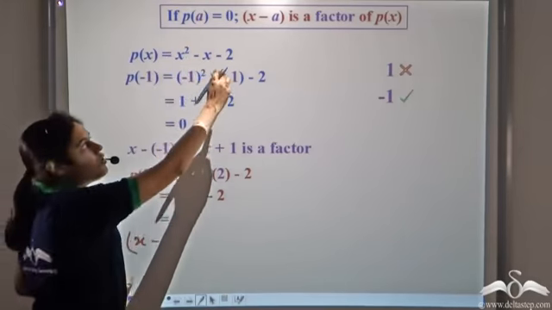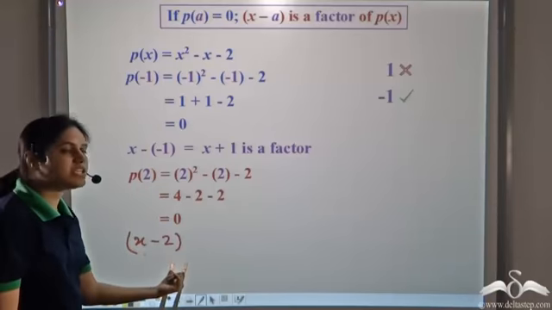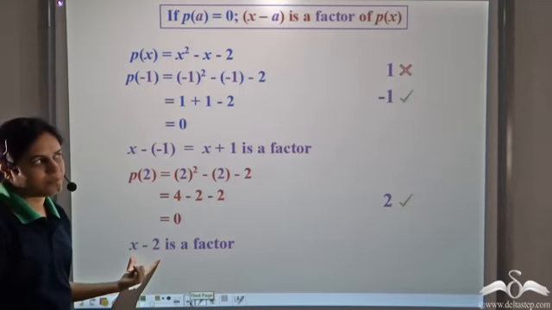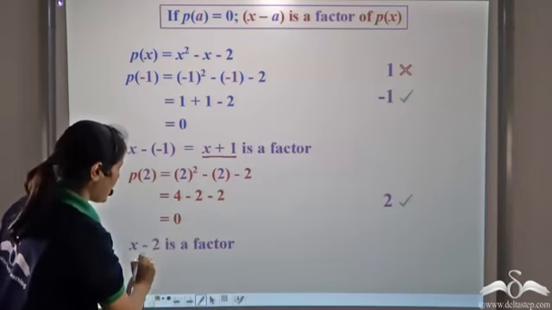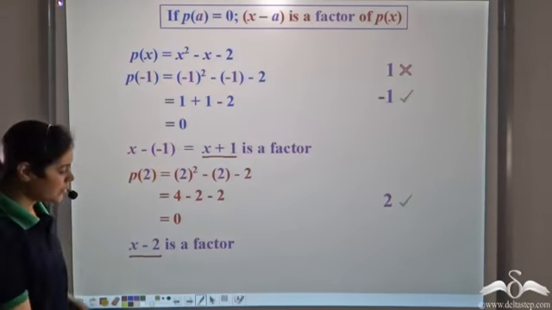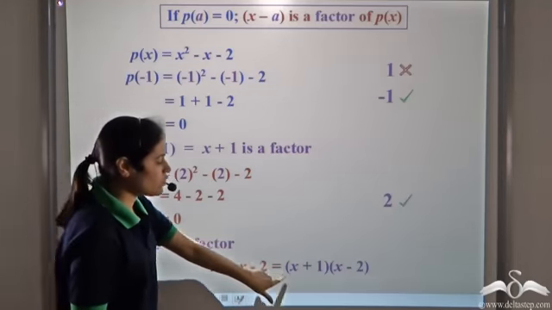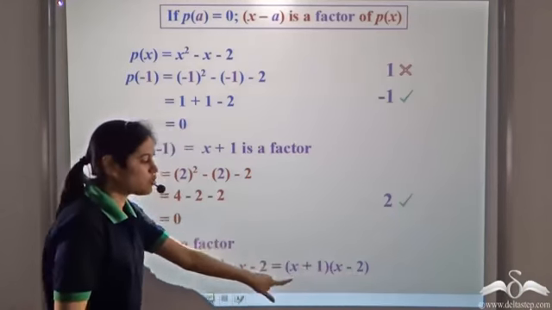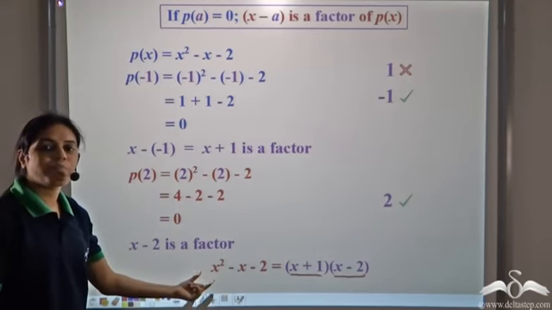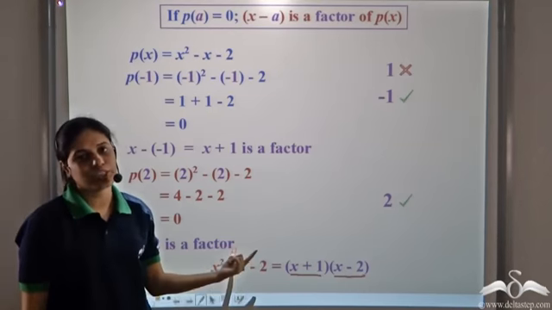If P(a) is 0, x minus a is a factor of P(x). So this and this are the two desired factors of this polynomial. So we can write x square minus x minus 2 is equal to (x plus 1) into (x minus 2). These are the two factors of this polynomial which we have obtained using the factor theorem. So we can factorize an expression using the factor theorem.